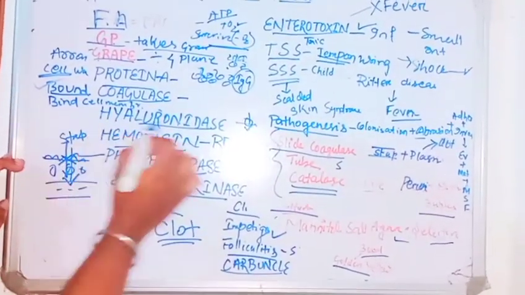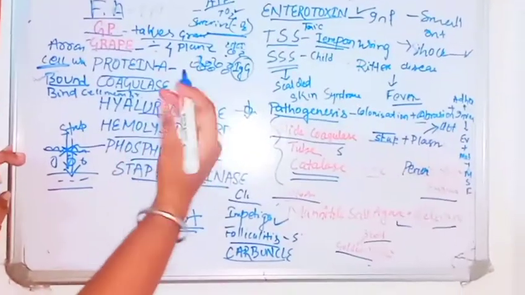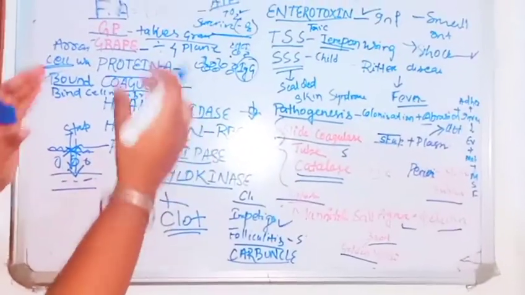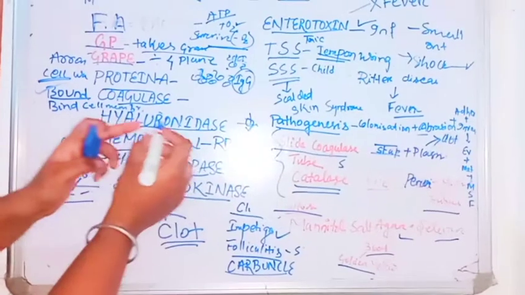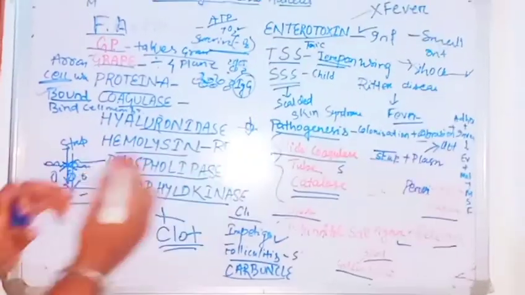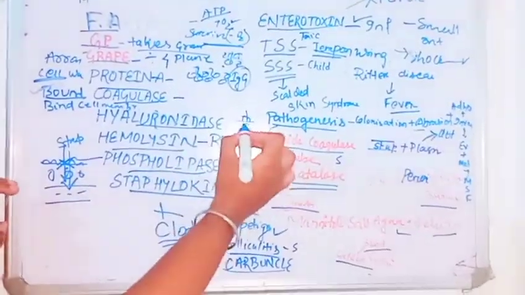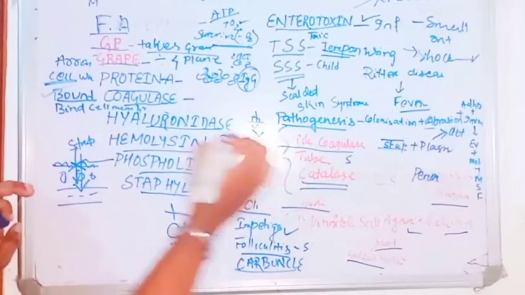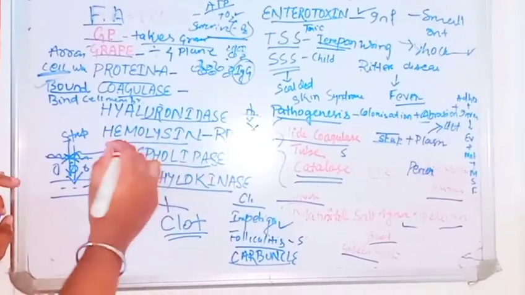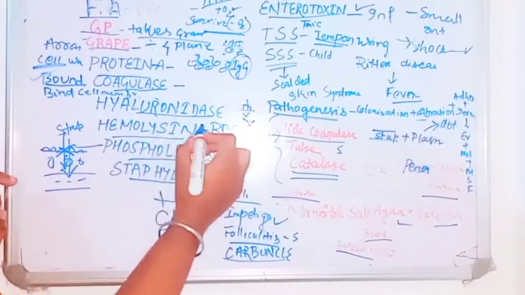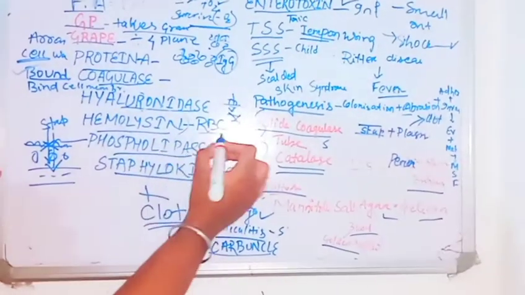Then hyaluronidase. During the pathogenesis process, Staphylococcus uses the hyaluronidase enzyme to invade and cause tissue damage. Then hemolysis, which means lysis, the breakdown of RBCs.